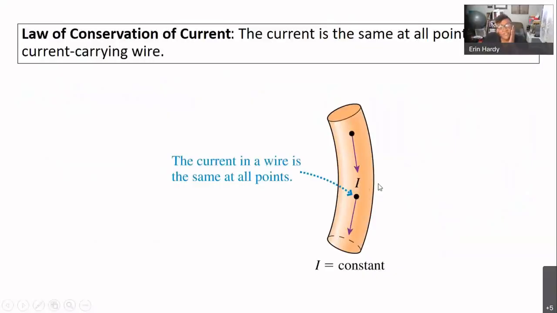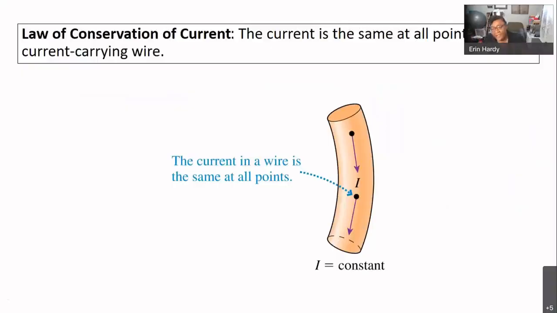So if we think about this in terms of subdividing a current carrying wire, let's say I take this segment of wire and imagine that this is a part of a complete circuit that I can disassemble. And I can split this section of wire and put an ammeter in between there to complete the circuit.